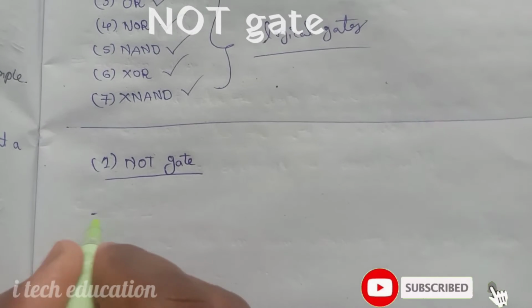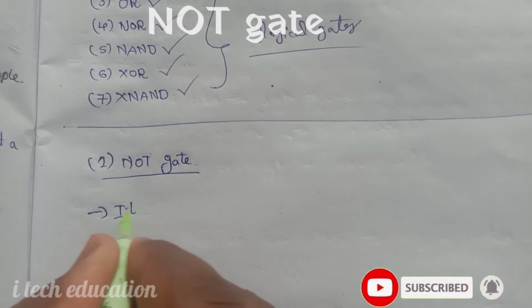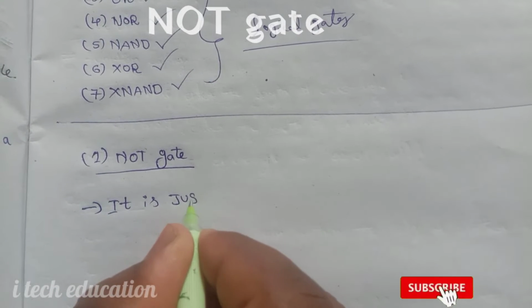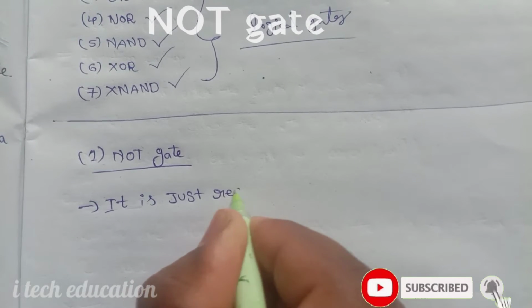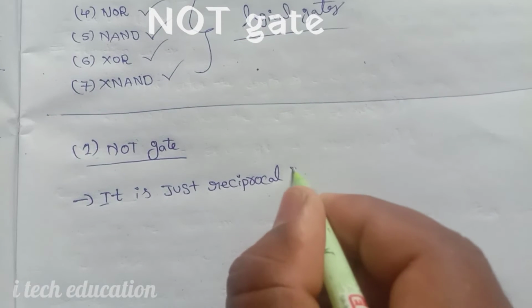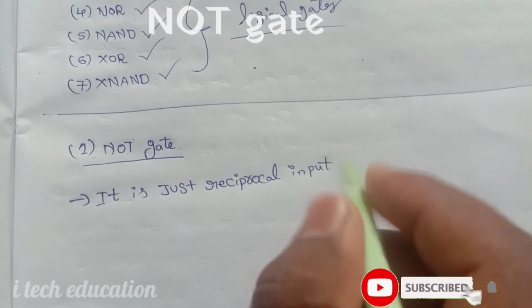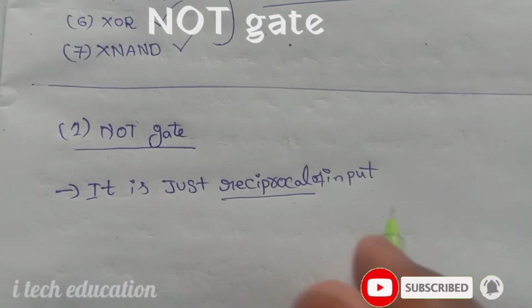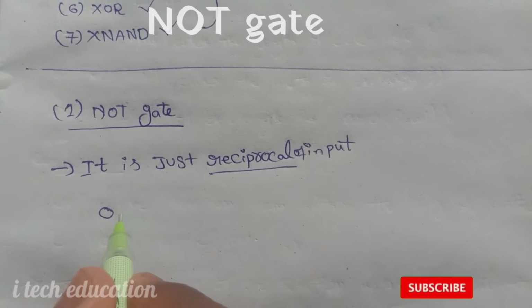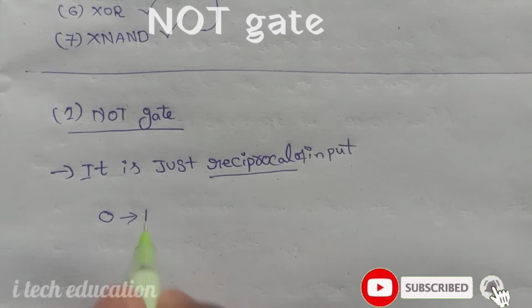Definition of NOT gate is: it is just reciprocal of input. Reciprocal means if our input is 0, then the output is 1.